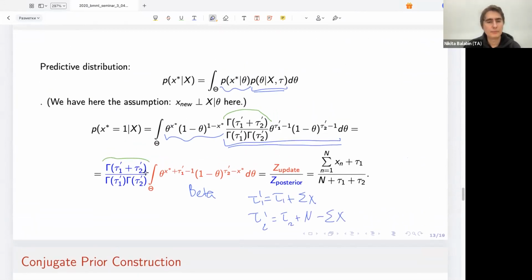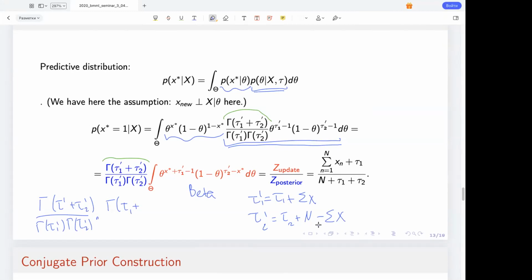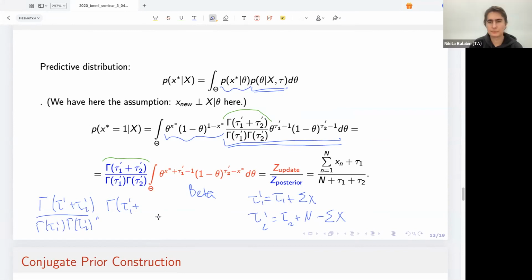Yes. So we can just rewrite with gamma functions. And here we have gamma. The gamma function of a sum, tau1 prime plus tau2 prime, is the same as without primes, and the other two gamma functions will give us these two factors. Okay. Yes.